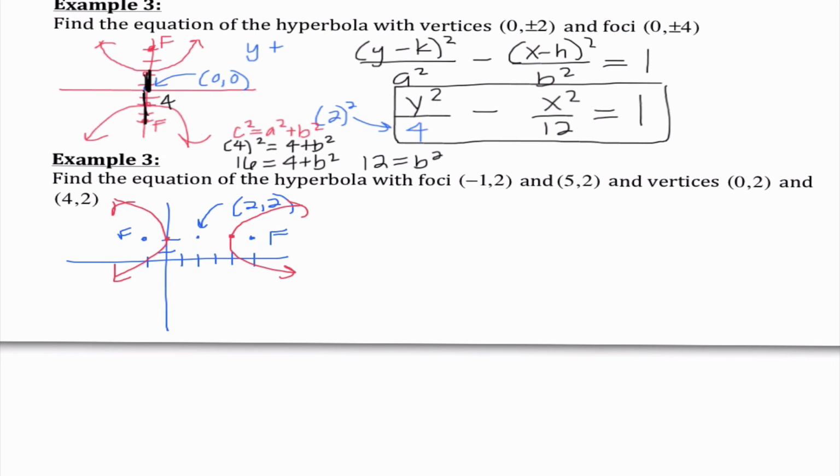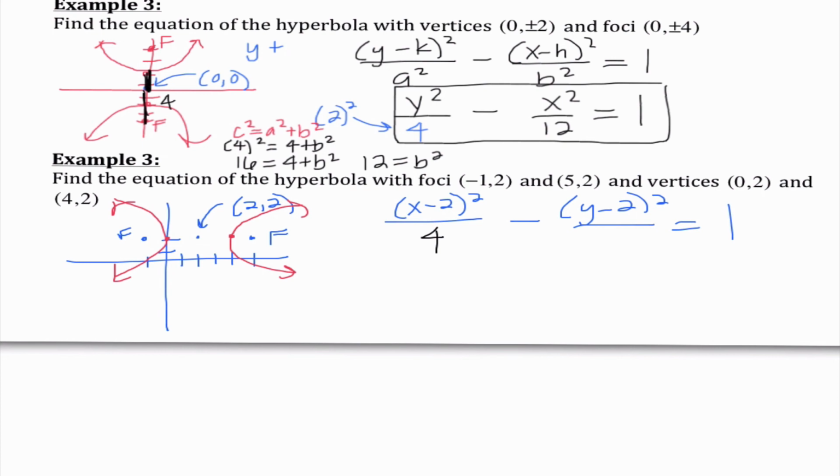So some things I know this time: my x needs to be positive, and it's going to be x minus 2 squared over something minus y minus 2 squared over something equals 1. I can see that I'm moving 2 in the x direction to get to those vertices, so my x denominator is going to be 4.